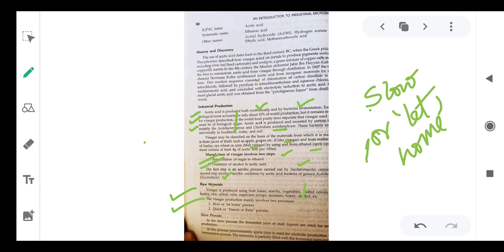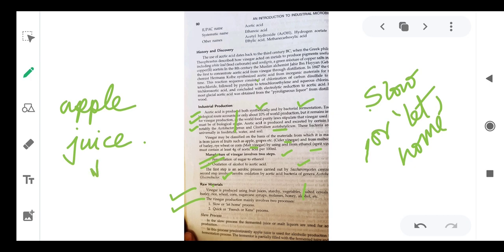Now, if we move on to the slow process, in this process predominantly apple juice is used for alcoholic production by batch process. We use apple juice for its production, and the fermenter is primarily filled with fermented juice and allowed to undergo the process of acidification.